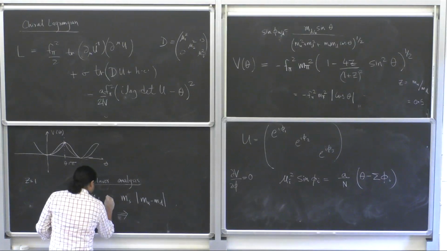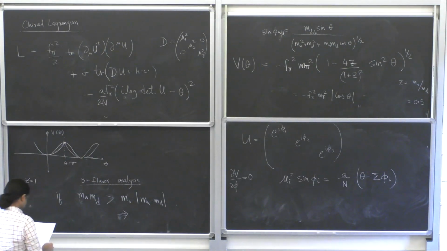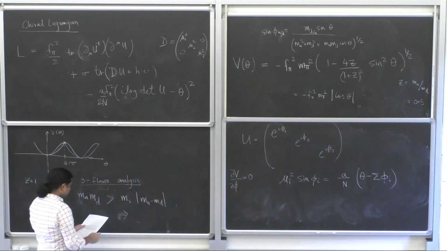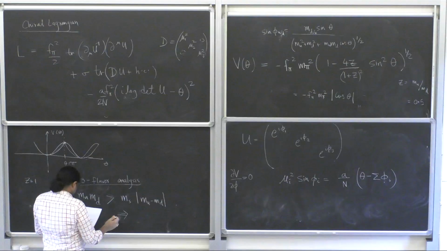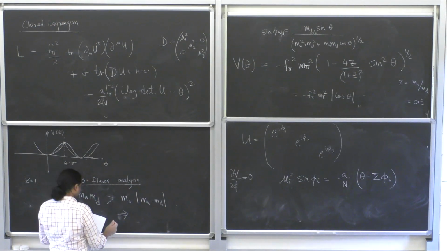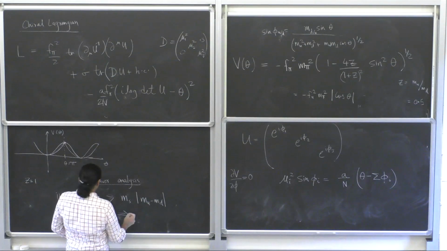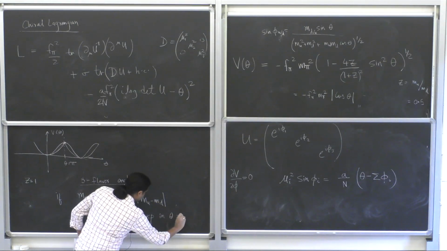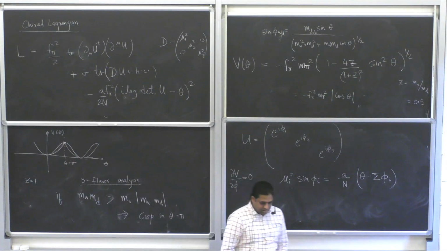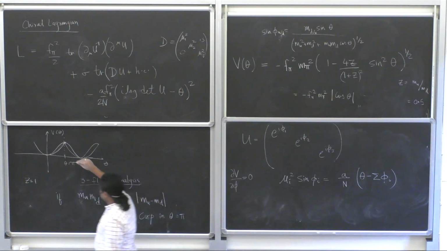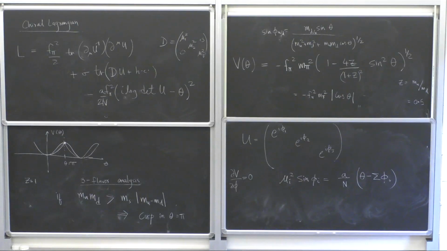So let's see if this is true. Just trying to get the sign of the inequality correct. So if this is true, then this phenomenon that we're seeing for the two flavor case persists, where we see a cusp at theta equals pi.